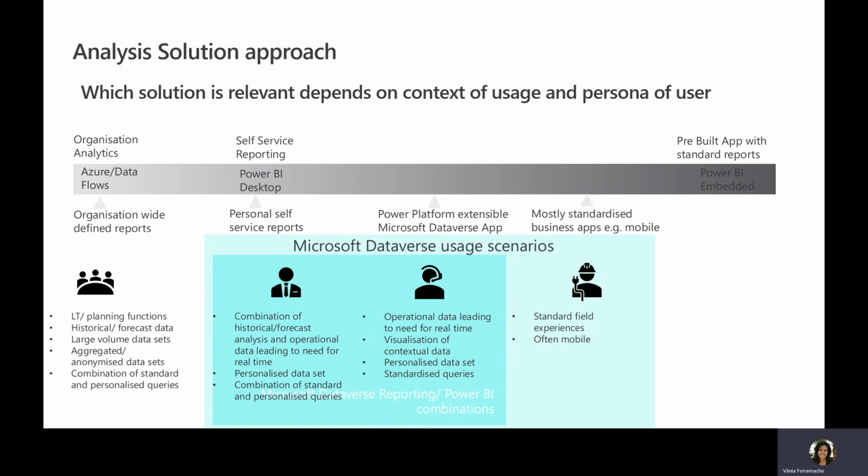It depends on the user roles. Maybe the CEO needs information about last month, for example, but the call center manager needs it from this week. So it depends on the user roles, of course, but it's key to understand the type of scenarios and roles and the data that needs to be combined into every report.